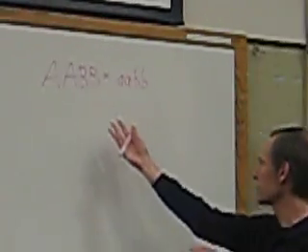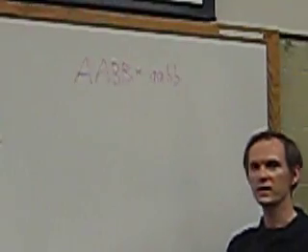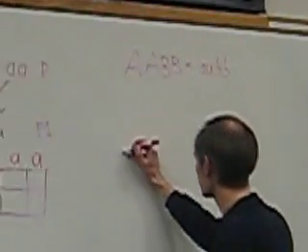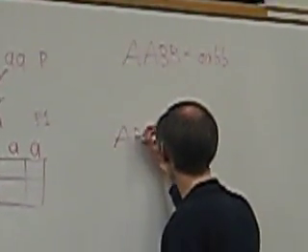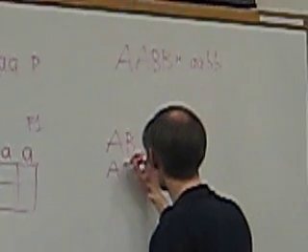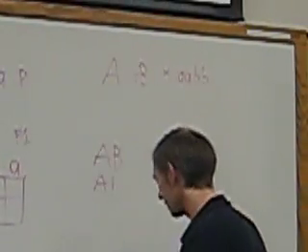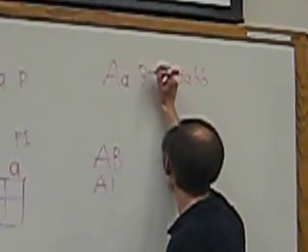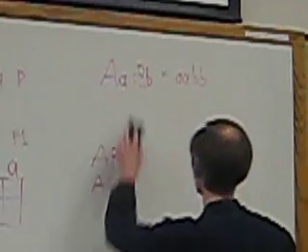Here it's pretty straightforward because they are all the same alleles, but recall that we made Punnett squares that are 4 by 4, that presented the different possibilities of gametes that are produced.